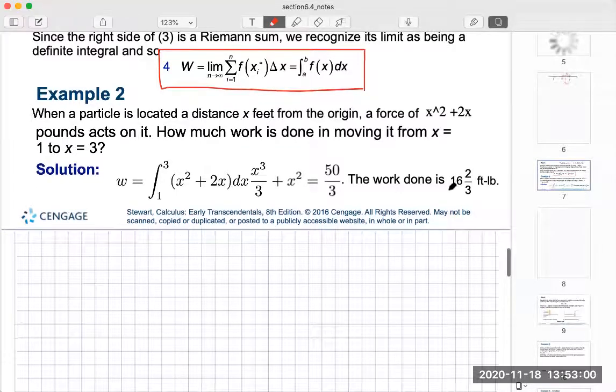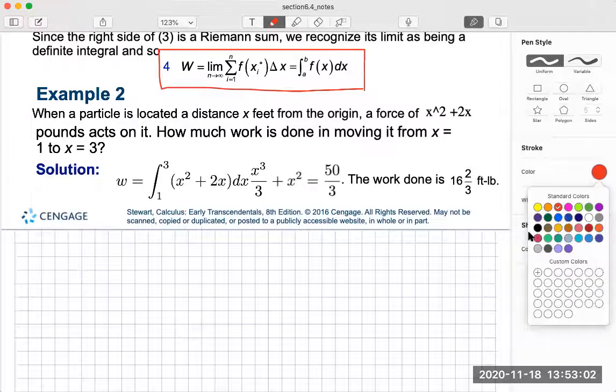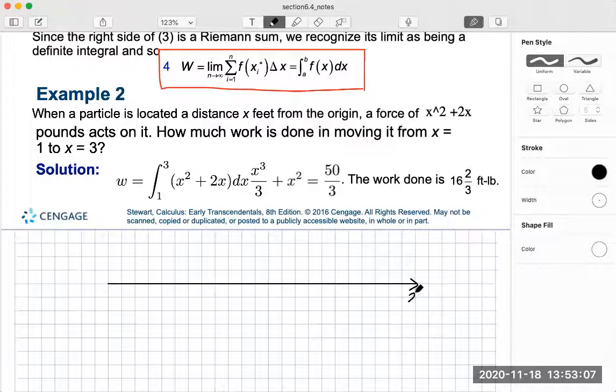This is the origin. Okay. And the force is x squared plus 2x, and the force on this interval is given by this equation.